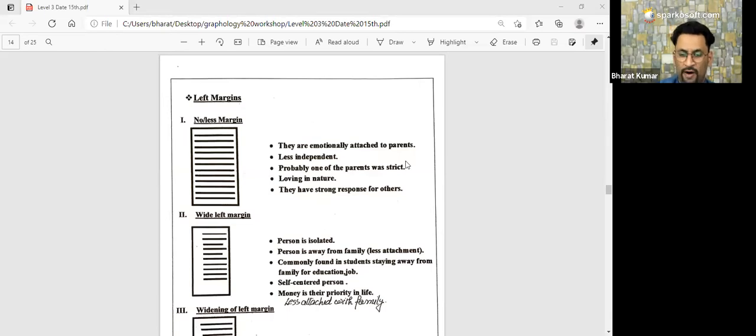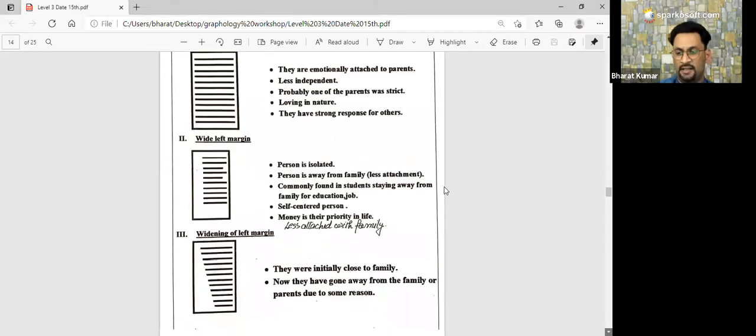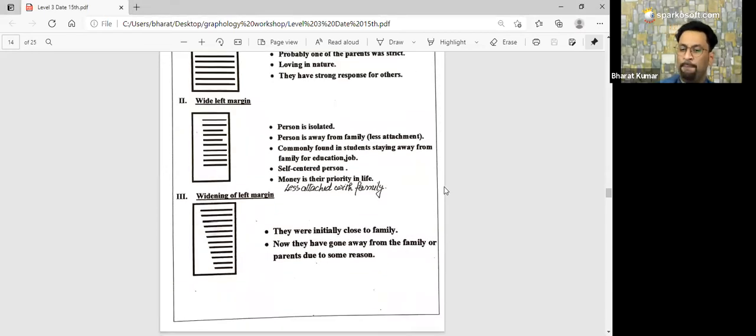If a wide left margin is there, what will happen? In case of a wide left margin, you can check, the left side is very wide. So the person is isolated, away from family, meaning attached to the future, less attached to the past.